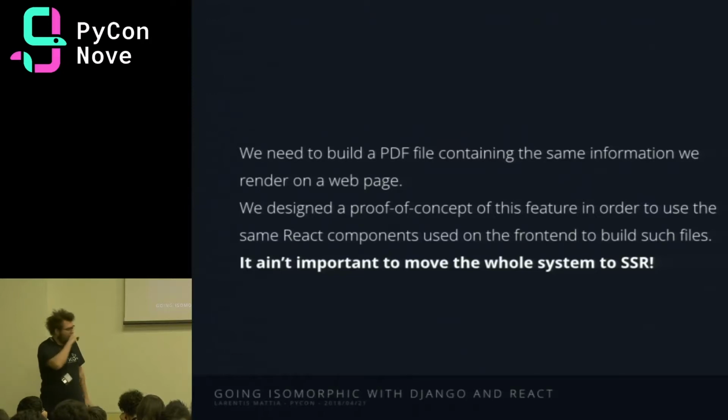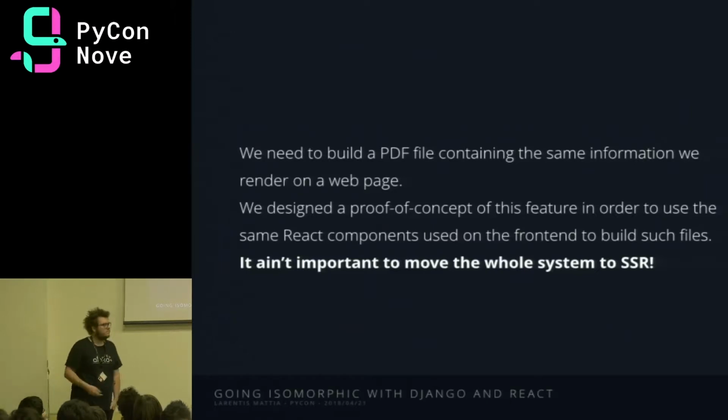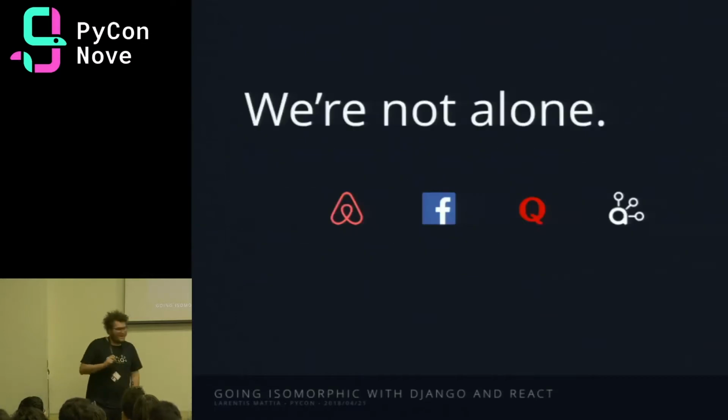So I said, OK, I don't want to write the code to show the same information that I show in the UI, but I just want to use the same React components, in order to save time and enjoy more. And so we did it, and it works. Somehow. We have to finish it, but it works.